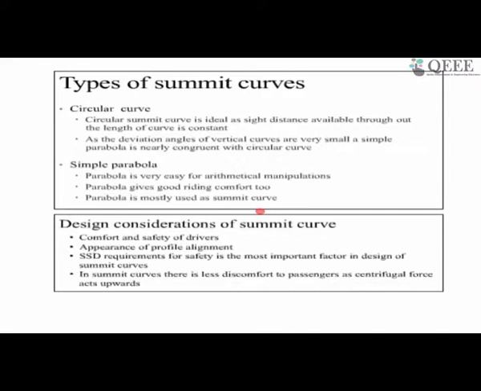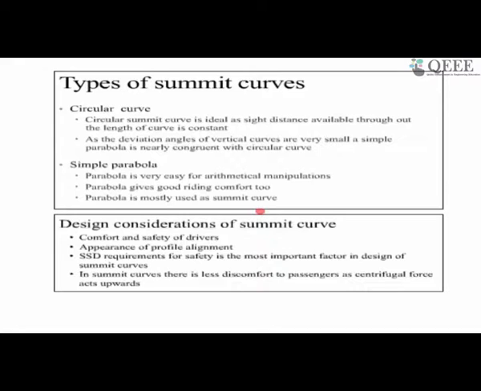Why? Again, you can recall the things which we talked about in the horizontal curve. What we said in the horizontal curve is that between the curve and the tangent section, we need to provide a transition curve. The transition curve helps to provide a transition from infinite radius to a certain radius.